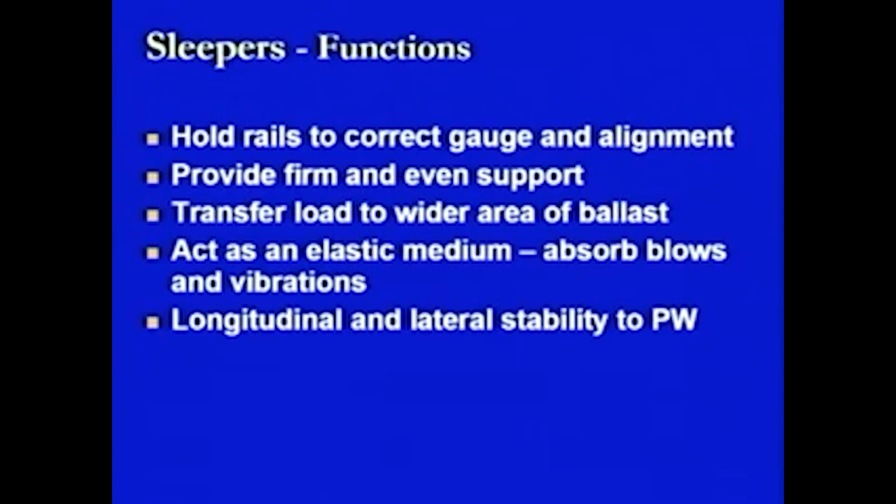The longitudinal and lateral stability of the permanent way should also be there. This is another aspect. As we have seen in the case of rail sections, there are not only forces acting in the longitudinal direction, but there are other forces which are acting in the lateral direction too. And all those forces, acting in either direction, are finally going to be transferred to the sleepers.